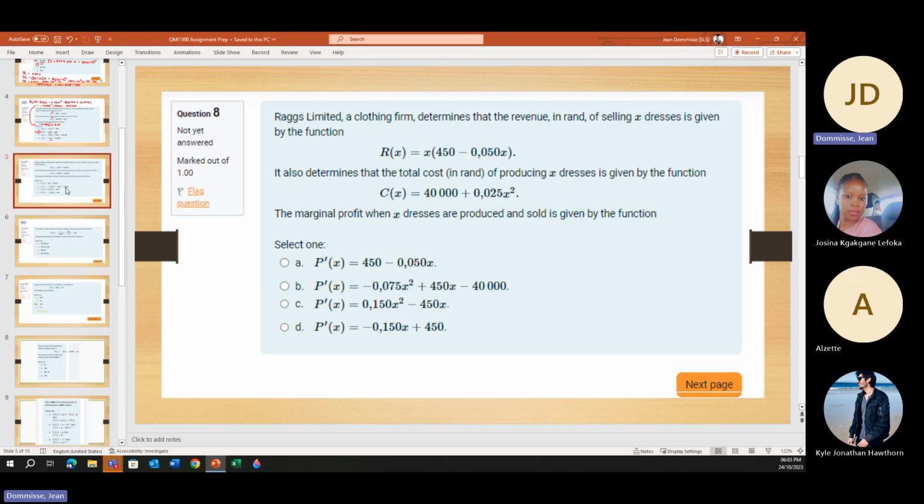Okay, looks very similar. Let's just check. Rags Limited, clothing determines revenue, and then there's cost, marginal profit. So this one would be very similar.